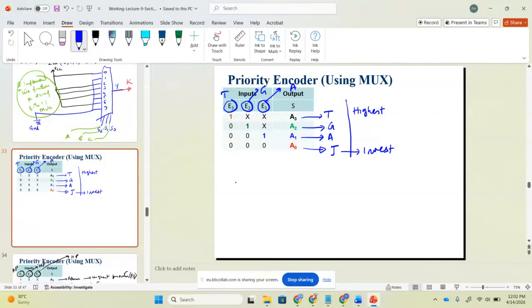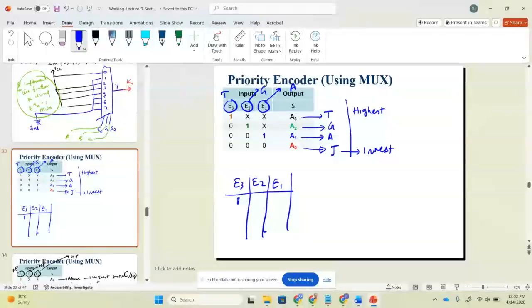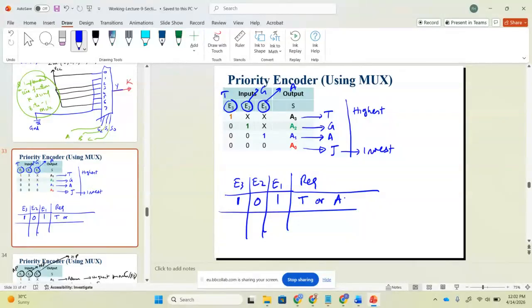Let's assume E3, E2, E1 are 1, 0, 1. Who is making a request? E3 is 1, so Thomas is making a request, and E1 is 1, so Abir is making a request.